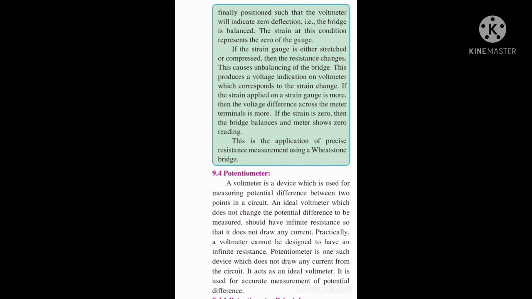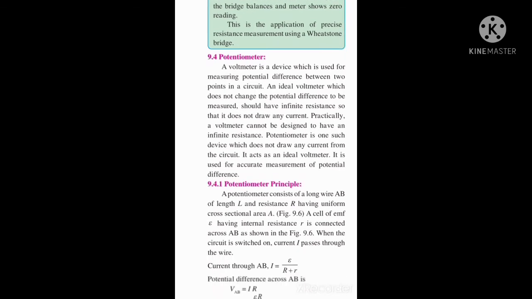Due to this, the potentiometer is used in place of a voltmeter. It acts as an ideal voltmeter. So this potentiometer instrument works on the principle which is given below, that is the principle of the potentiometer.